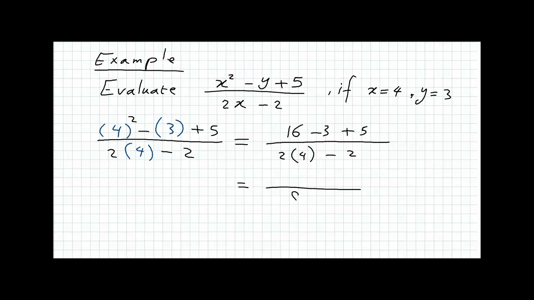So we have 8 minus 2. We can do the numerator now: 16 minus 3 plus 5, which is equal to 18, and this is equal to 18 over 6, which is equal to 3. So to evaluate any algebraic expression, just replace the letters with given numbers, then use order of operations to evaluate it.